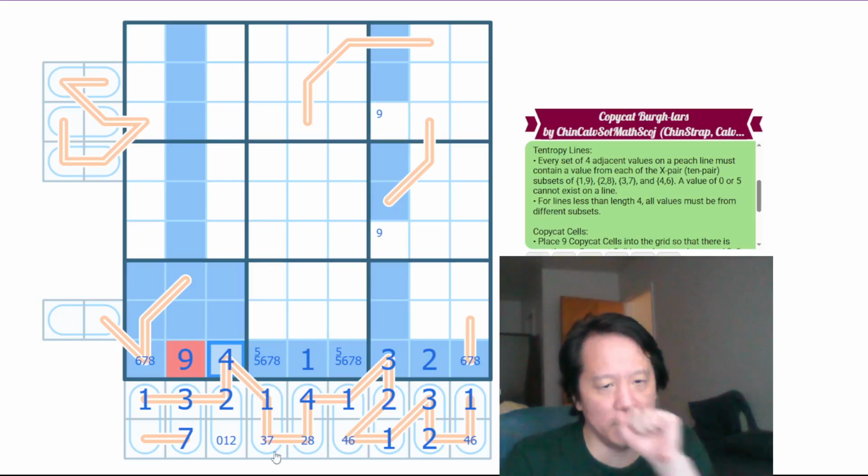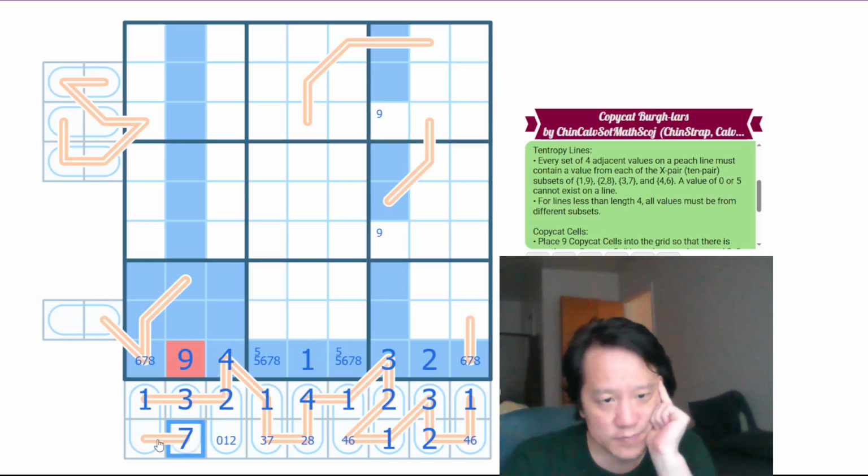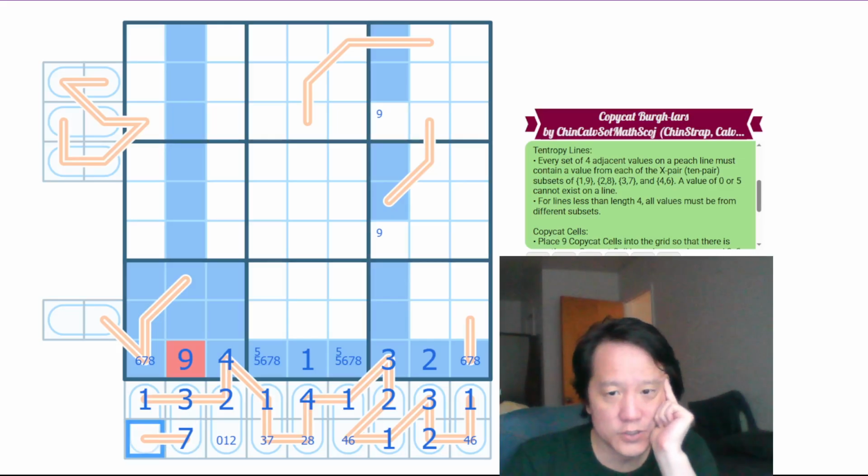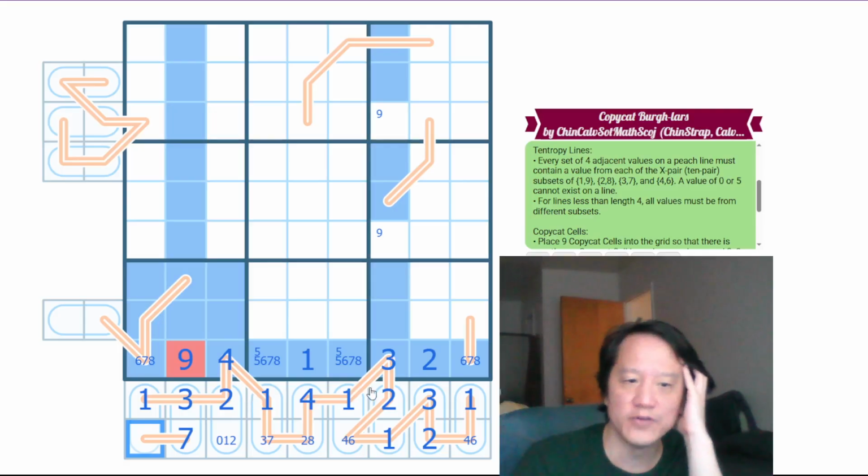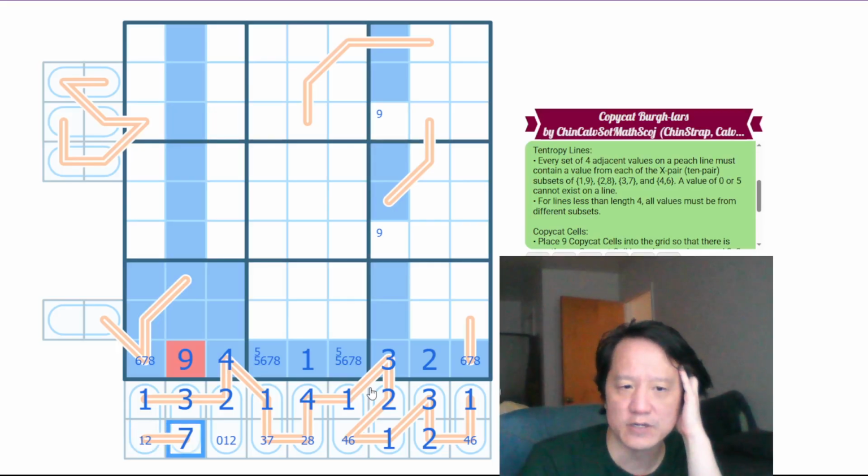Okay. This is 7, so it cannot be 7. It's less than 17. So this could be 1. It could be 2. It cannot be 3 or 7 because, again, they have to be different X pairs.